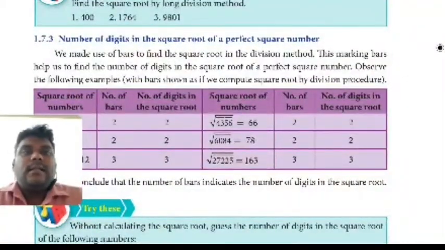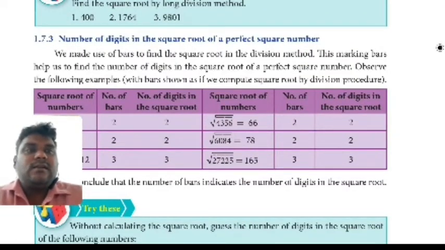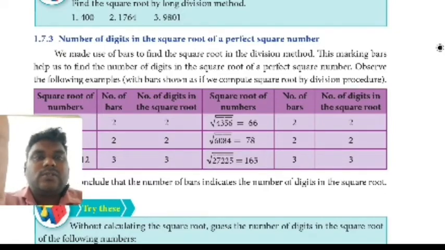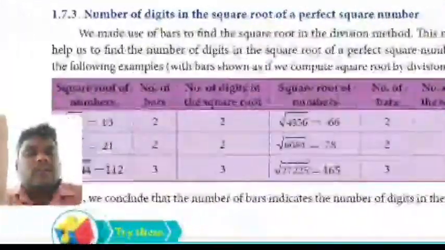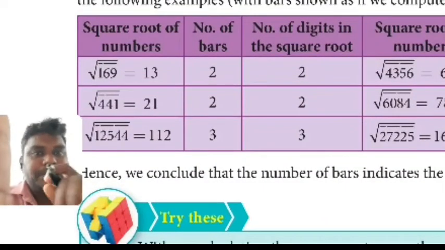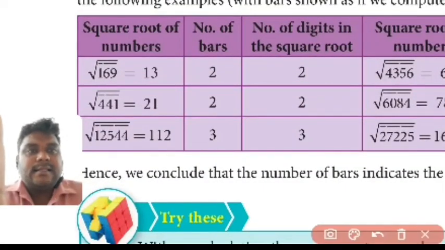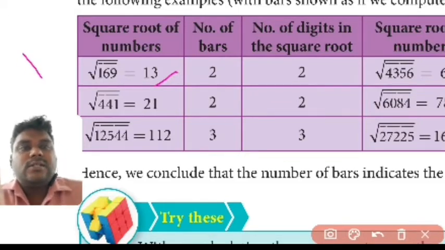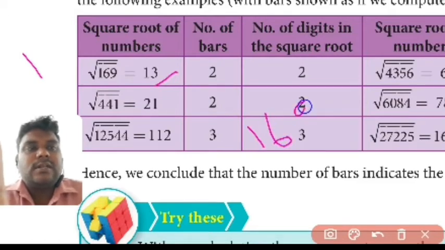So next, number of digits in the square root of a perfect square number. We will see how to say how many digits will come in the square root of a perfect square number, using periods. So see, square root of 169 is 13, because 13 squared is 169. When we separate 169 into periods, it is 2 1.